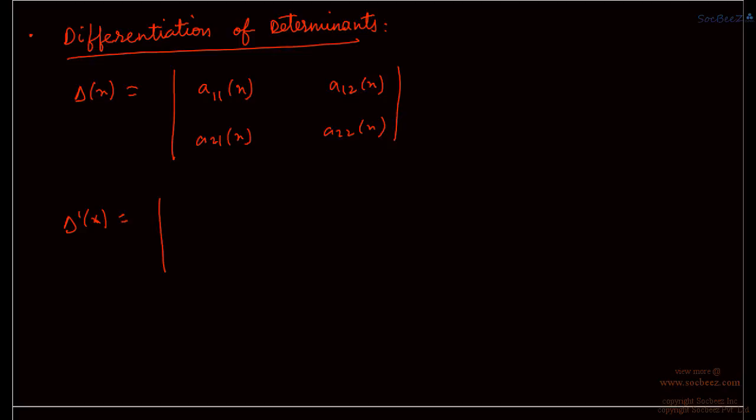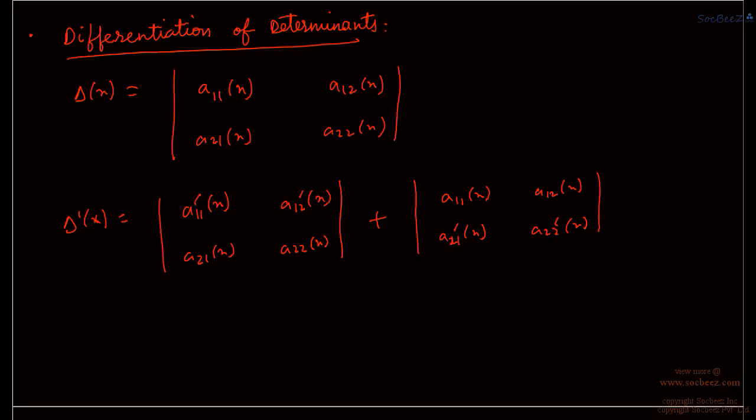So for the derivative of this determinant, which is a function of x, first of all you have the liberty to choose either the row or the column. I'll take the row here. Differentiate all the elements of the row, keeping the others fixed. So I differentiate the first row and add it to the determinant obtained by differentiating the second row, with a21'(x). This prime symbol represents the derivative of a11(x) with respect to x.